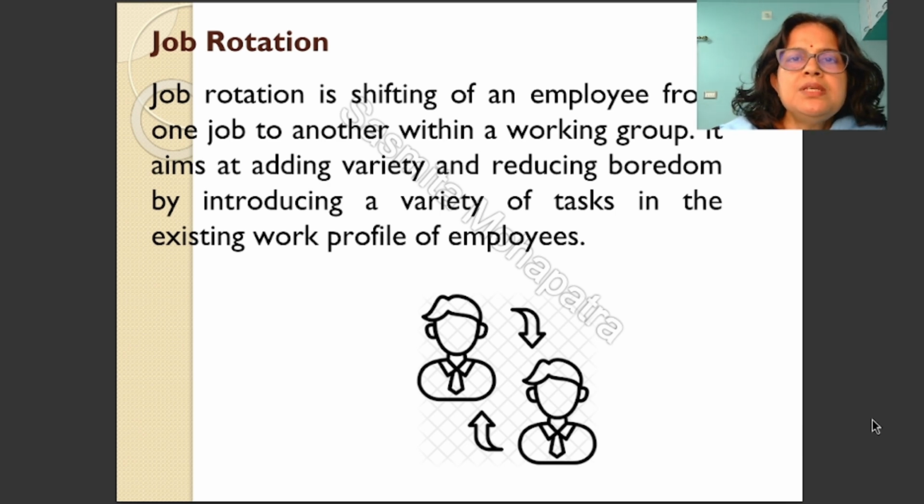Employees working in the same group, with their existing work profile, can be given different tasks to perform to reduce the boredom of the job.